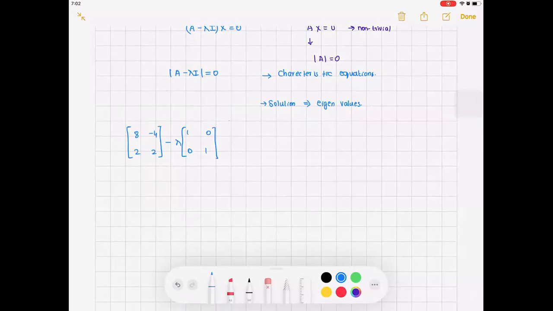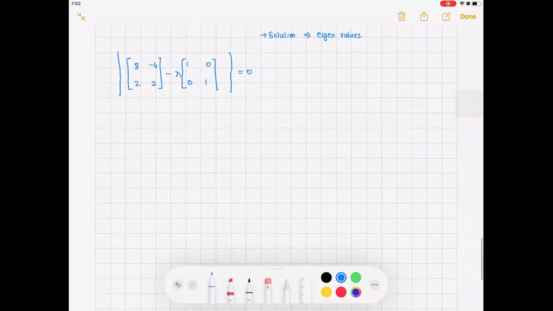So the determinant of this matrix is equal to 0. I'll just write it directly: 8 minus lambda, minus 4, 2, 2 minus lambda, equal to 0.